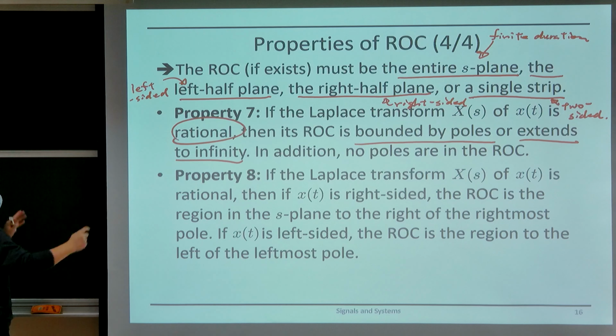Okay? Similarly, if your signal is left-sided, then the ROC is the left half plane, which means that on the right side, it should be bounded by the leftmost pole.